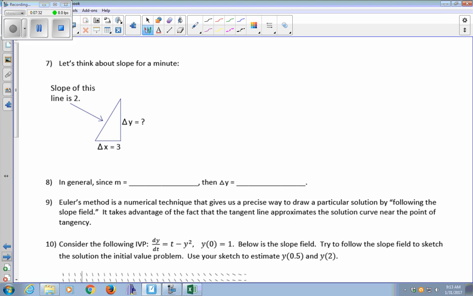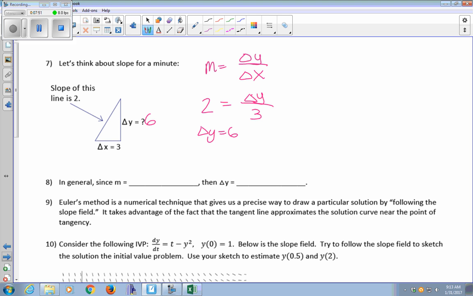6, because slope is always change in y over change in x, right? So in this case, I know the slope, change in y over 3, multiply both sides by 3, and you get delta y has to be 6.